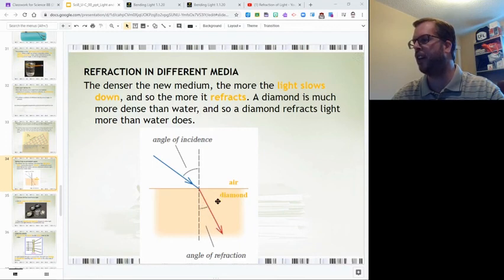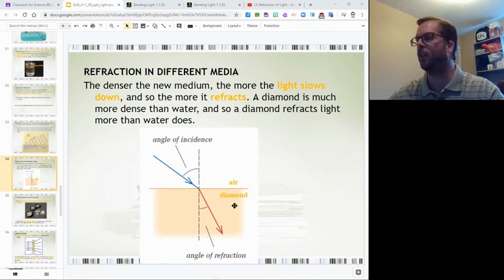And so that should tell you about something in terms of what side is more dense, what side is less dense. Okay, and if you think back to what I just said a few moments ago here, you should see that it's bending towards the normal, okay, which means it should be going from less dense to more dense.